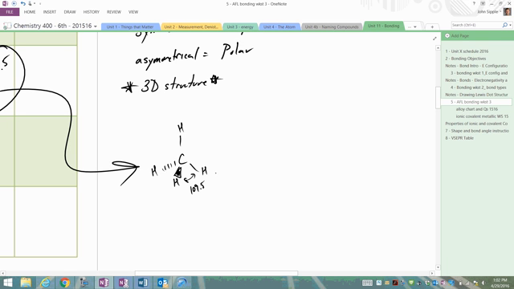I'm going to draw another molecule with only one lone pair of electrons on there, like ammonia. All right, this bond angle right here, I would say is less than 109.5.